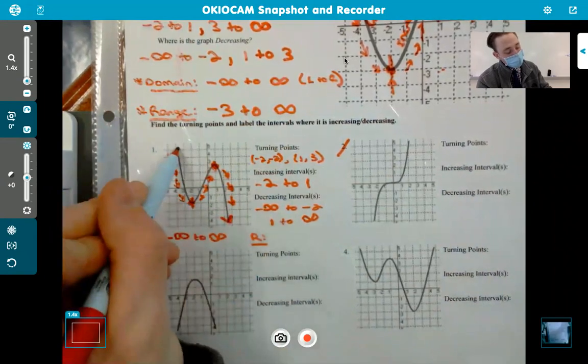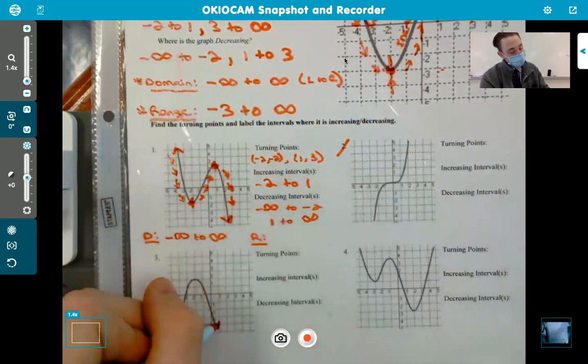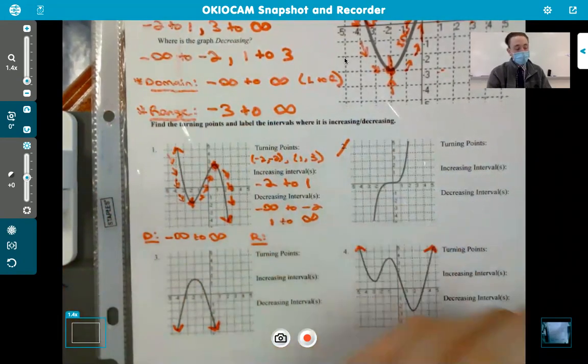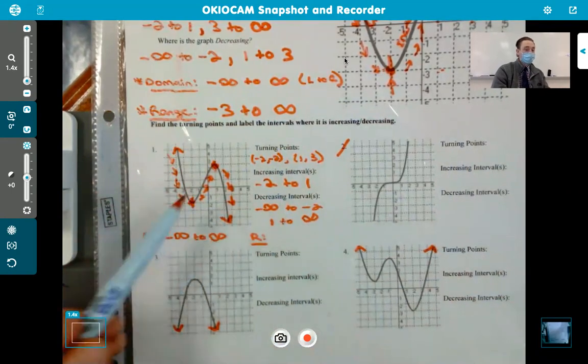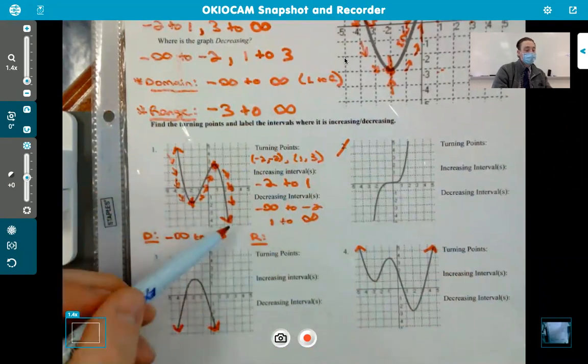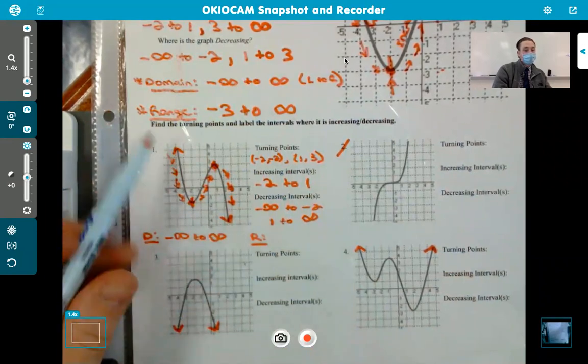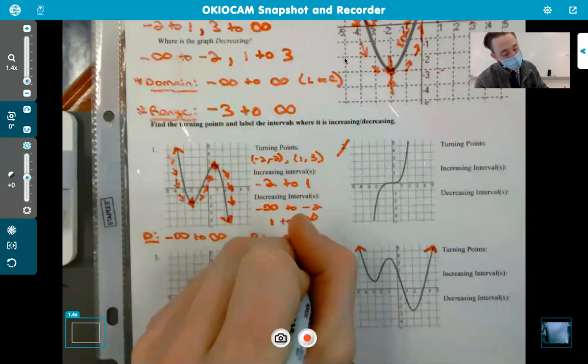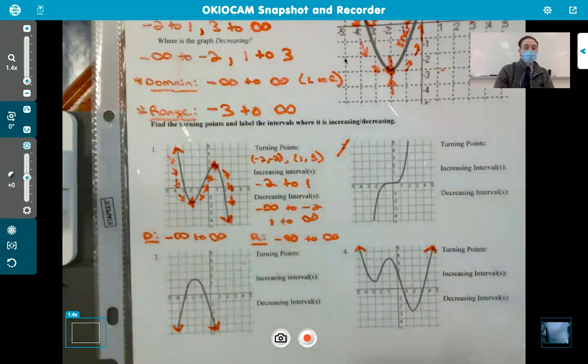Now, like I said, for all of these graphs, they do continue on in both directions forever, unless it's very distinct that you have an end. So for this one, although we're in this 10 by 10 space, this is going to continue on in this direction forever and this direction. So my range is actually from negative infinity to positive infinity.